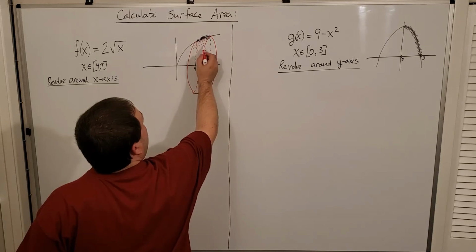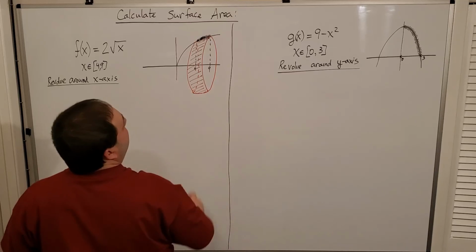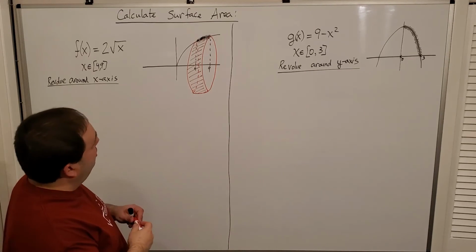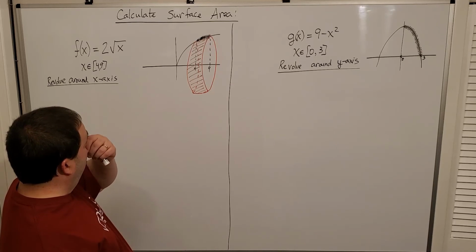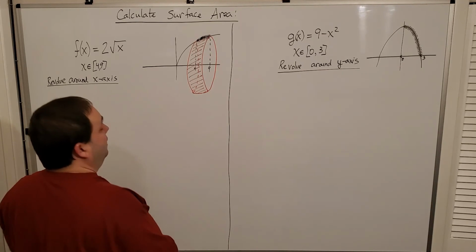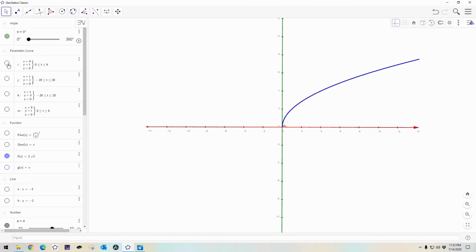And we're going to be getting the surface area of this thing that happens here, basically. We're just going to be getting the surface area around this ring, if you will, in the front and the back, right, all the way around. We're interested in the interval from x equals 4 to x equals 9, which means I'm only interested in this little piece. And we're rotating it around the x-axis here.